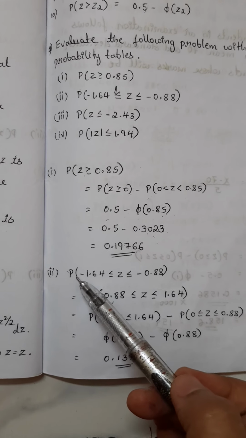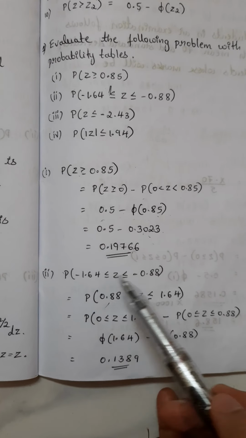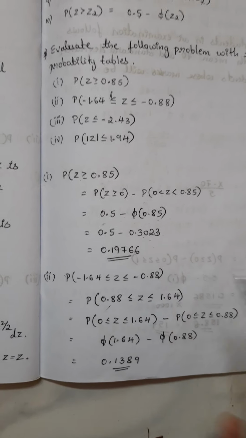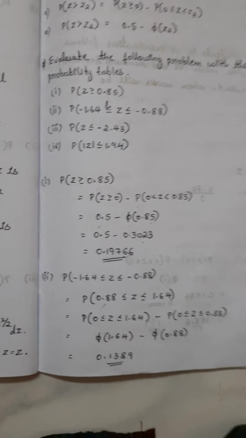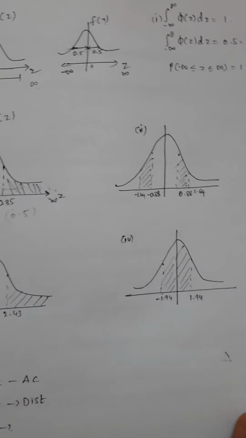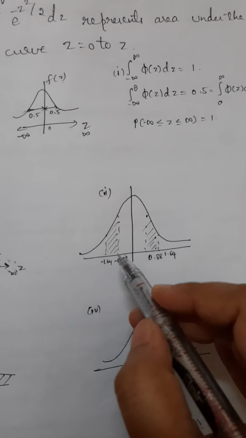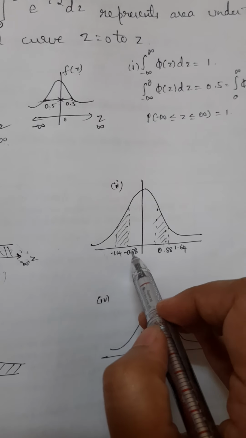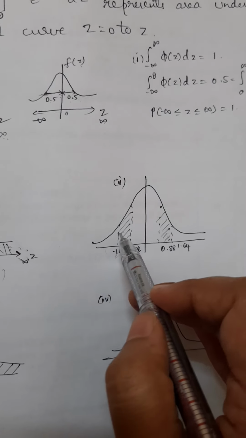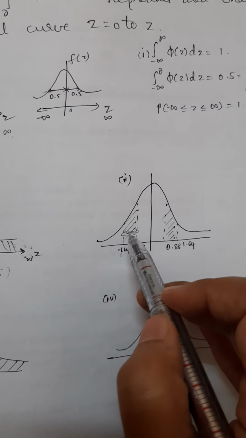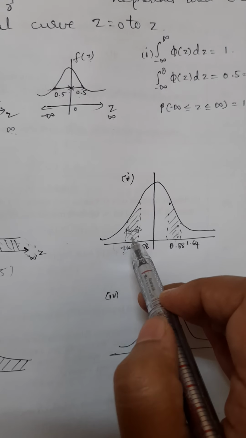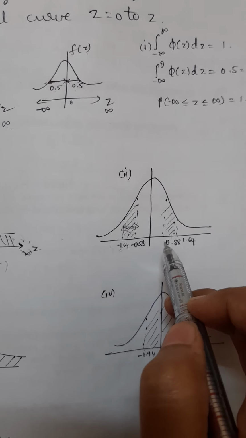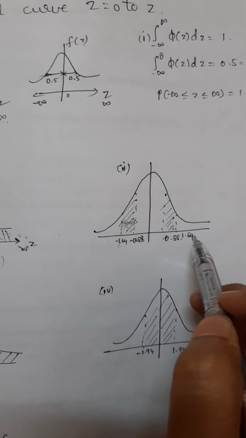Similarly, to calculate the probability of z lies between minus 1.64 to minus 0.88. If I draw the bell-shaped curve, between minus 1.64 and minus 0.88, I need to calculate this area. Instead of calculating it negatively, since it is a symmetrical curve, I'll take it from plus 0.88 to 1.64.